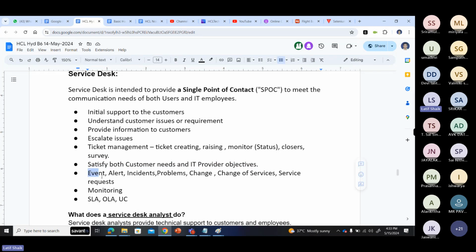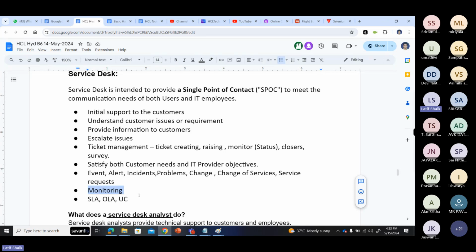There is also the involvement of different terminologies: events, alerts, incidents, problems, change of services, service requests. These are the terminologies involved in the service desk. Monitoring is also one part of the service desk, to monitor your infrastructure, applications and network.